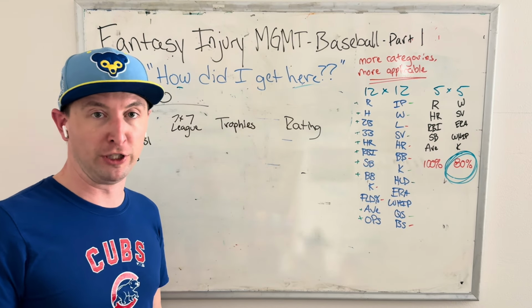My team was called Worst to First, and I went worst to first, and I won the first year, and I got second in the second year, with a combined 32, 7, and 3.